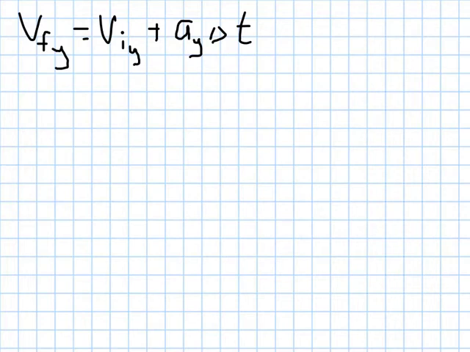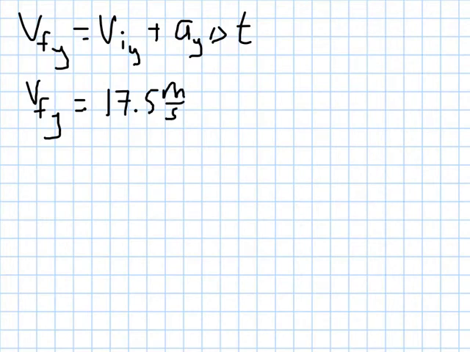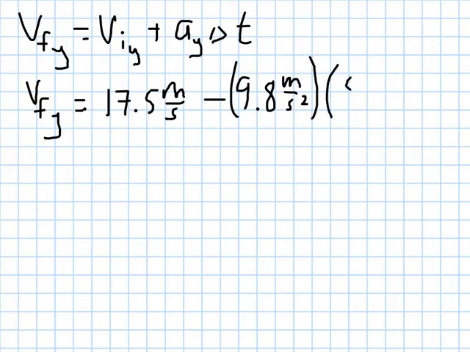So if we go ahead and put in numbers, I don't know my final y. That's why I'm doing the problem. I do know that my initial was 17.5 meters per second. That's a positive. And then I'm going to subtract off, because I have a negative acceleration, 9.8 meters per second squared. And we'll multiply that by the time, 5.15 seconds. Nice.